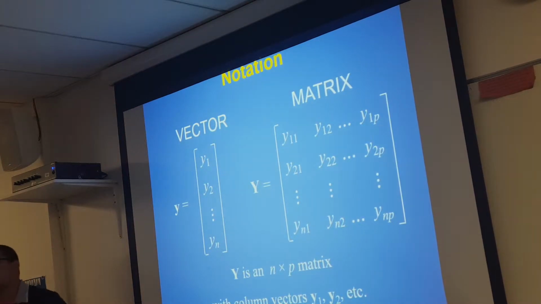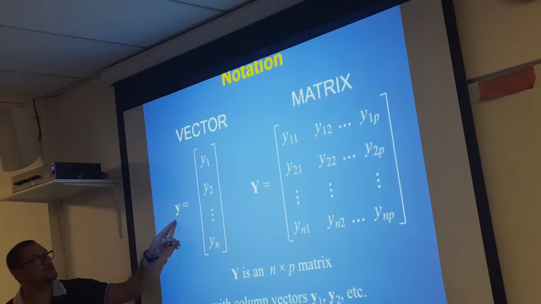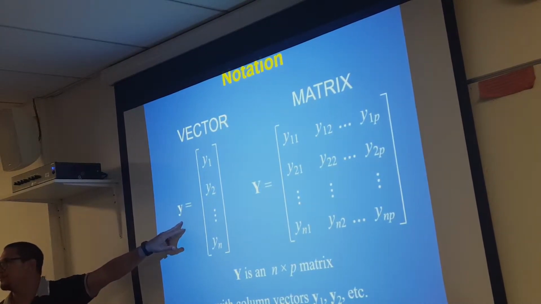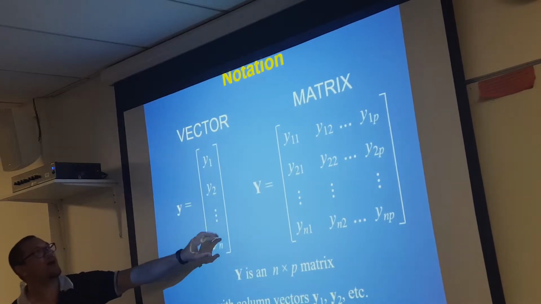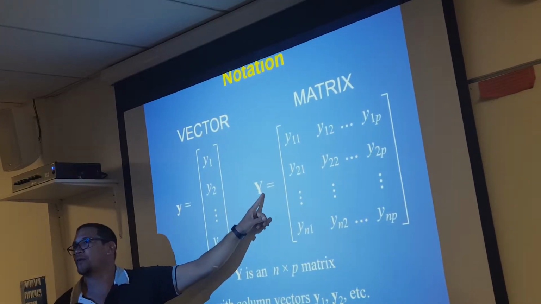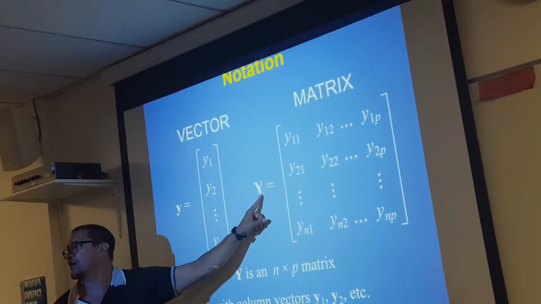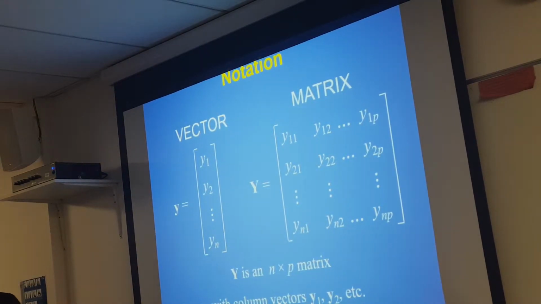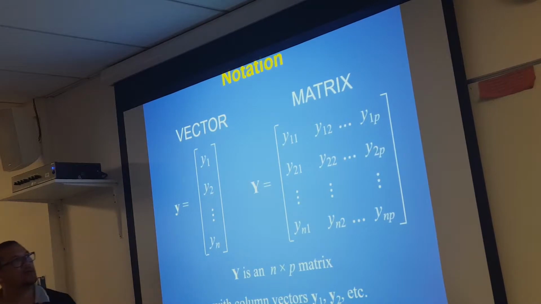So this is the notation that I'm going to use. If I have a vector, I will not use caps, right? So it's a single row, it's a vector. A matrix, I will use a capital letter in bold to denote that, right? So Y here is an n by p matrix. So what does that mean?